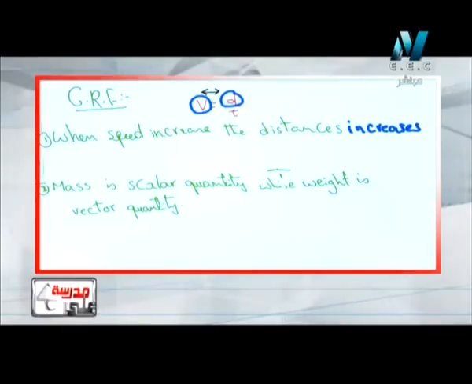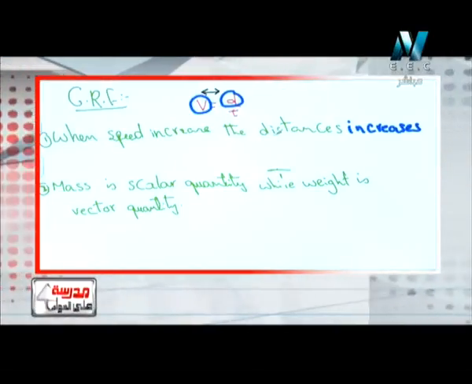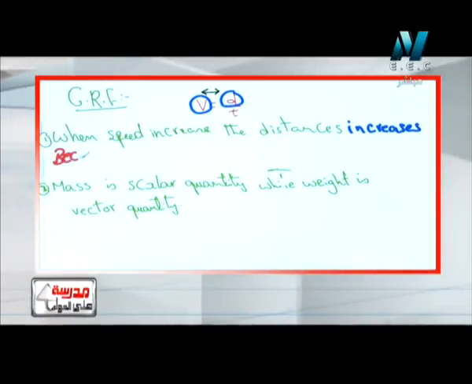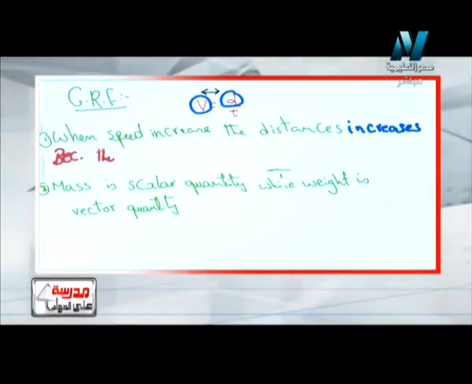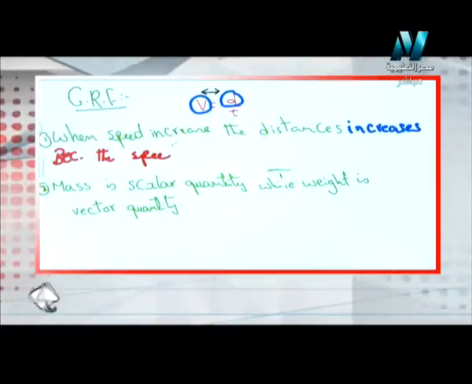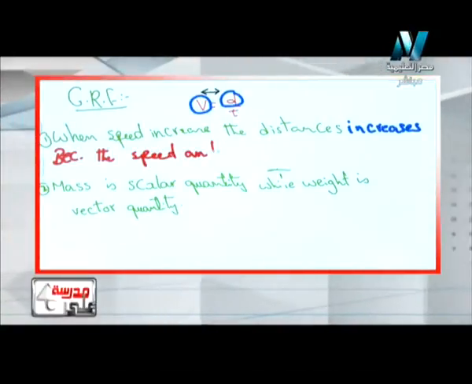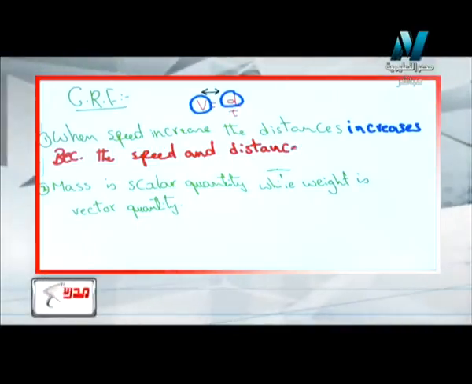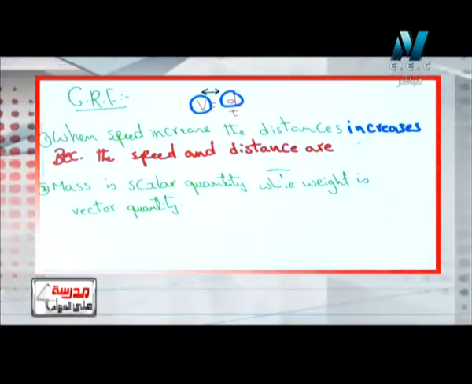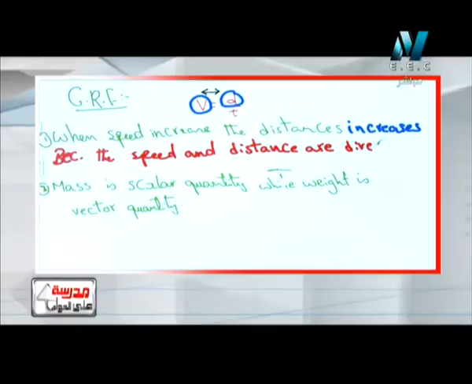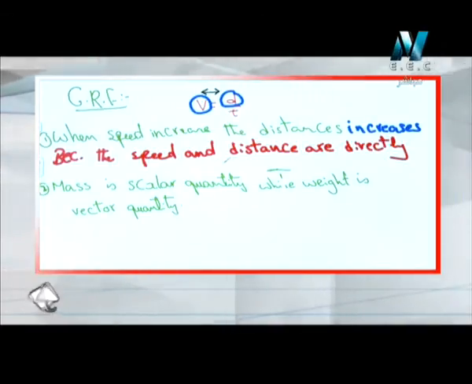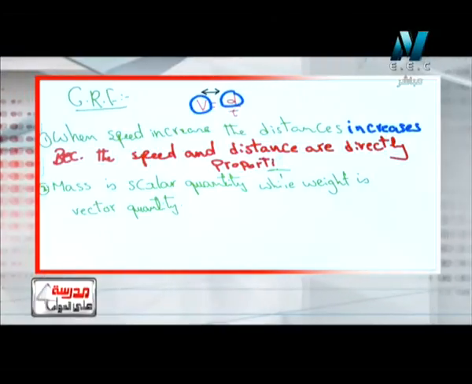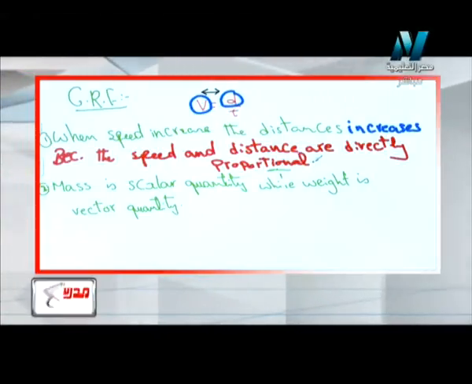So when speed increases, the distance increases because the speed and distance are directly proportional. If one of them increases, the other will increase also.